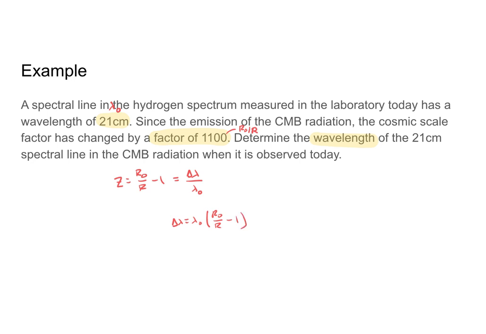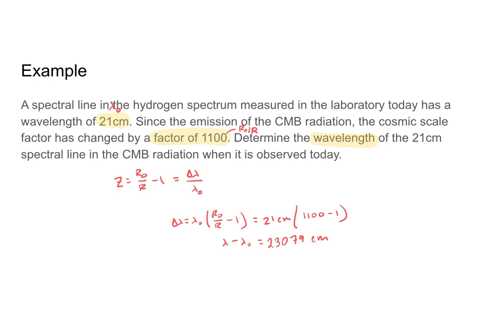Or delta lambda is equal to 21 centimeters times 1100 minus 1. That gives me a shift in lambda of 23079 centimeters. And that is going to be equal to delta lambda, which is lambda now minus lambda naught.